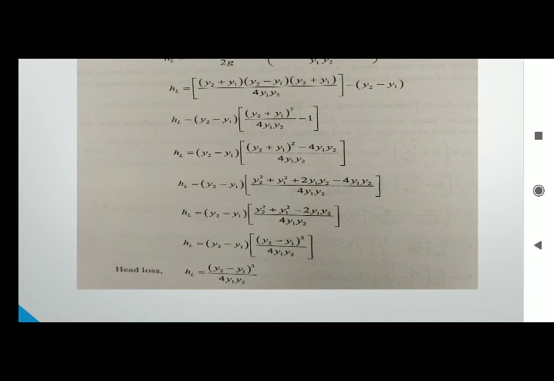Now let's discuss the length of jump. Length of jump is experimentally found to be 5 to 7 times the depth of jump.